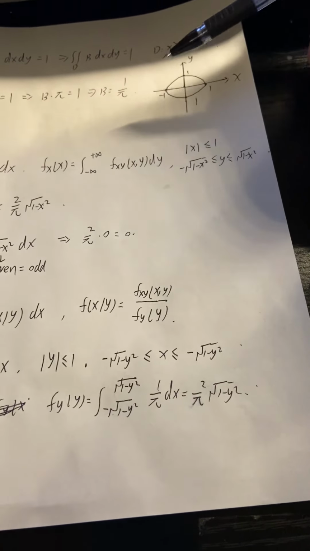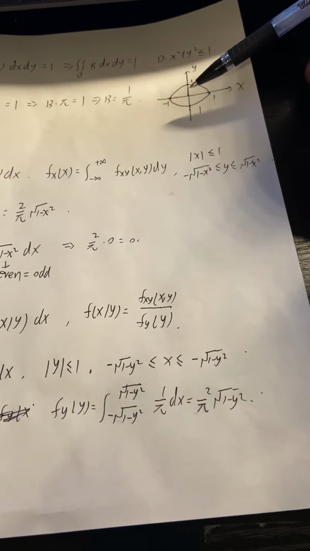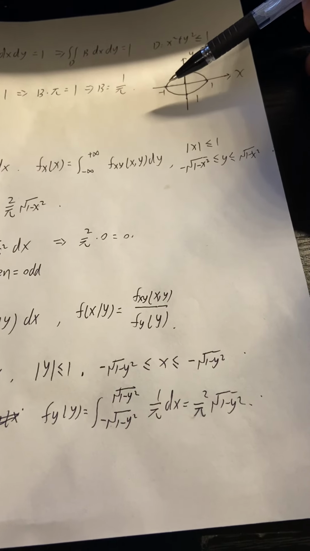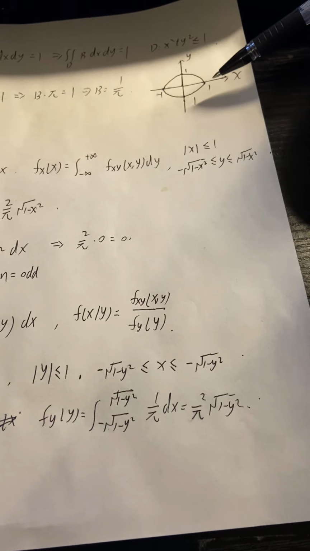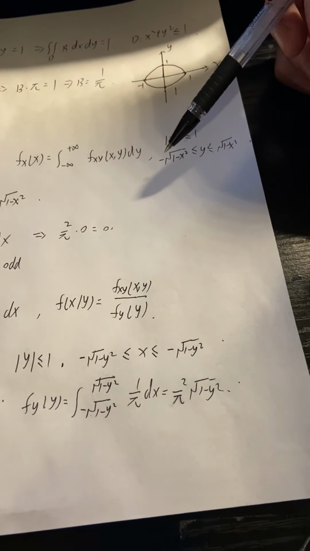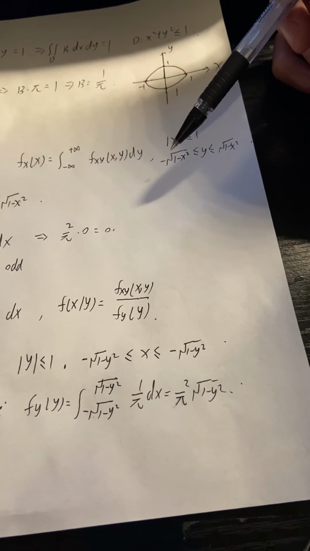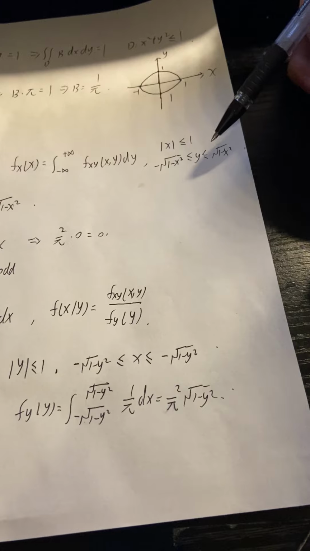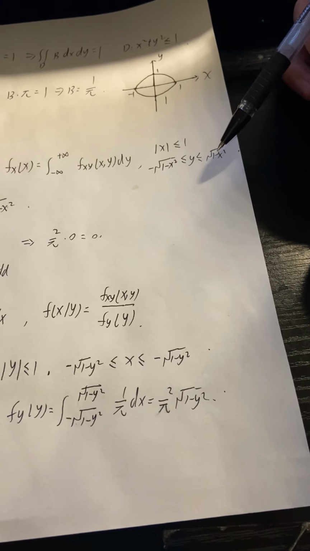We can note from the region D, x is between -1 and 1, and y is between negative the square root of 1 minus x squared and the square root of 1 minus x squared.